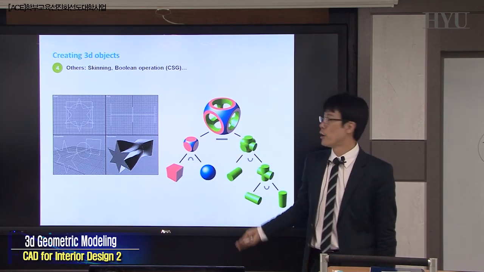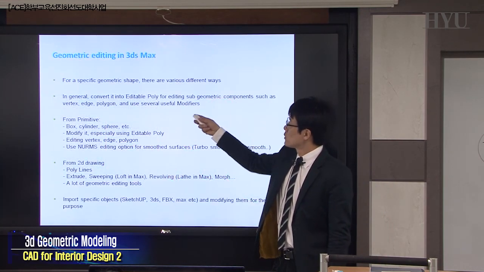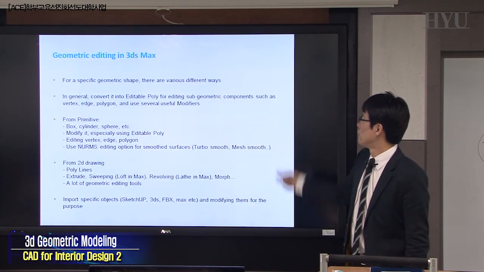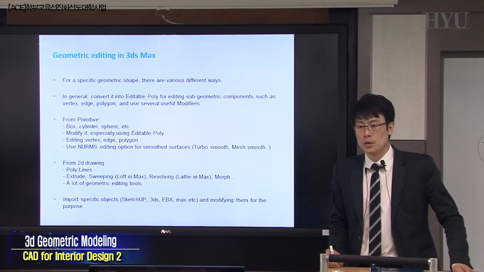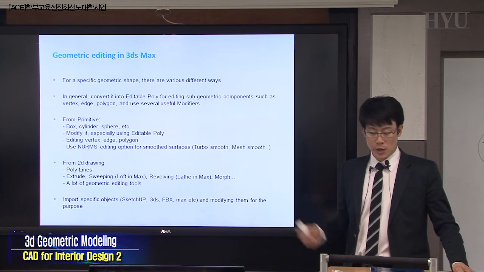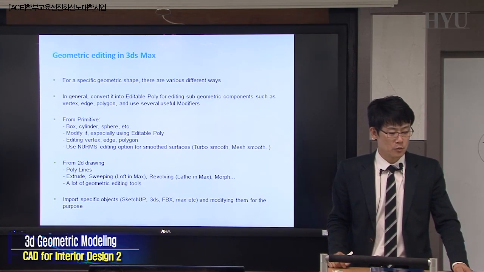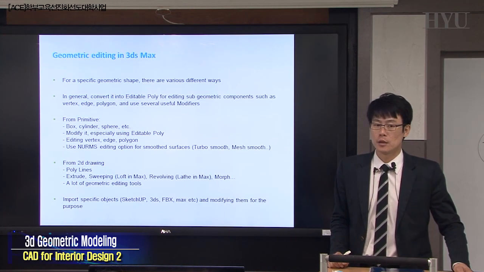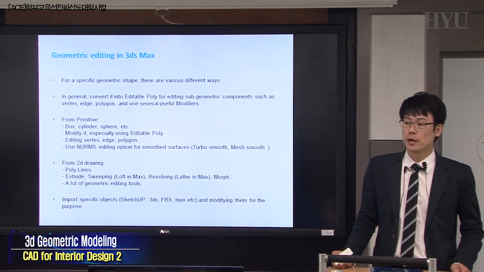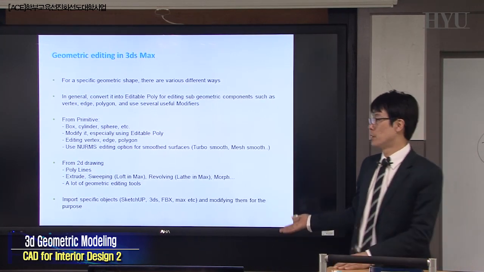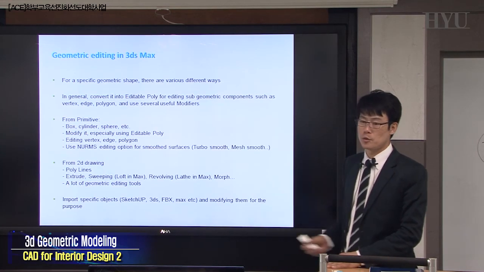There are several more ways. So for a specific geometric shape, there are various, sometimes millions of different ways. But anyway, there is kind of an efficient way. So we need to see, and you need to know what it is. That is why we should take a look at some modifiers, utilities, and powerful tools in this kind of 3D software.